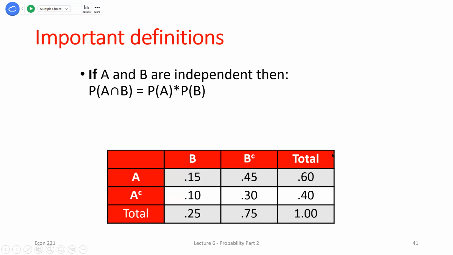We have the probability of A, 0.6, and the probability of B, 0.25. So it's just a matter of plugging those values in, and sure enough, 0.25 times 0.6 ends up being the same as 0.15, or the probability of the intersection. So we can check it any of these three ways. They should all show independent, or they'll all show not independent.